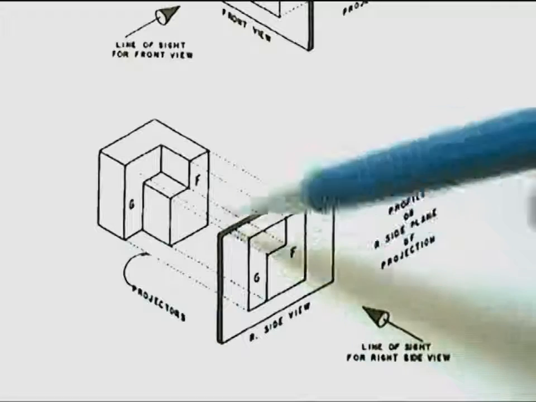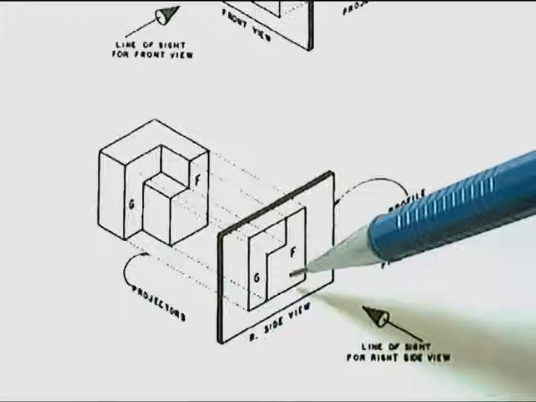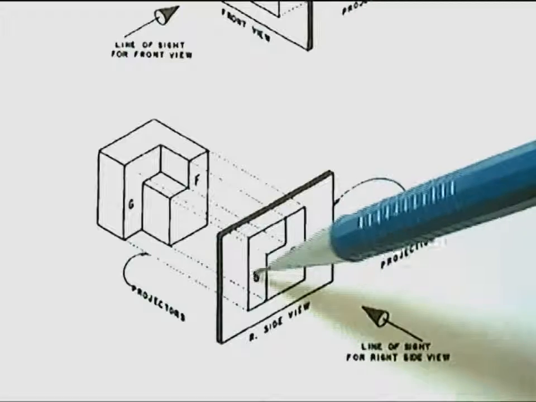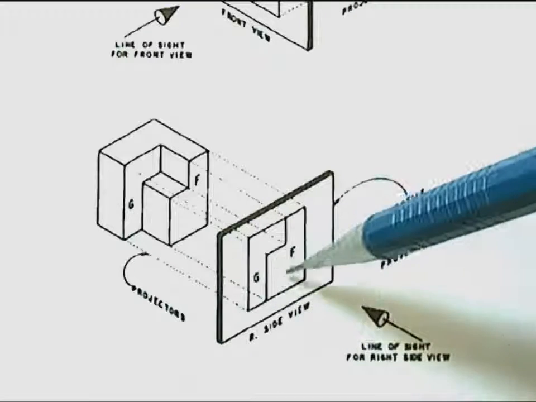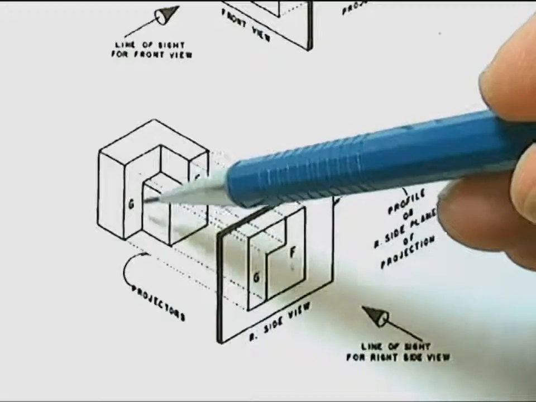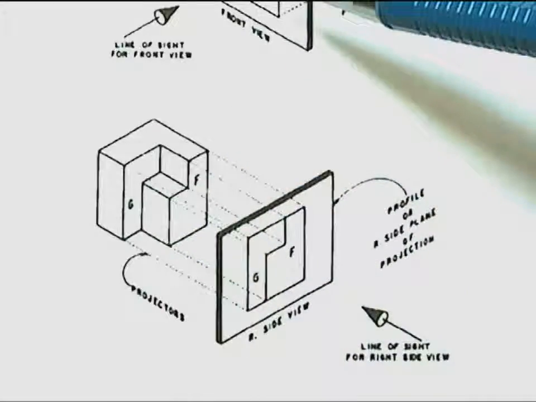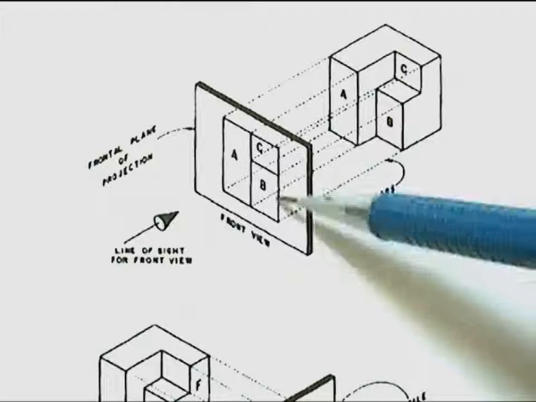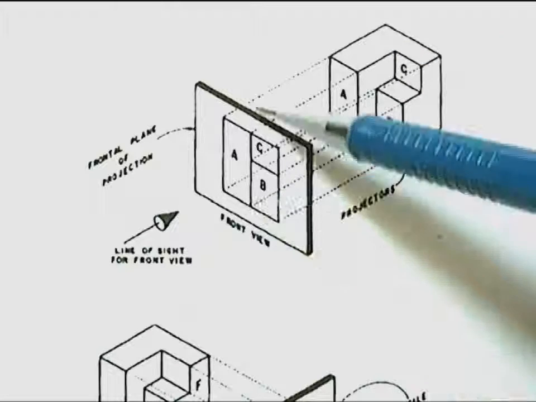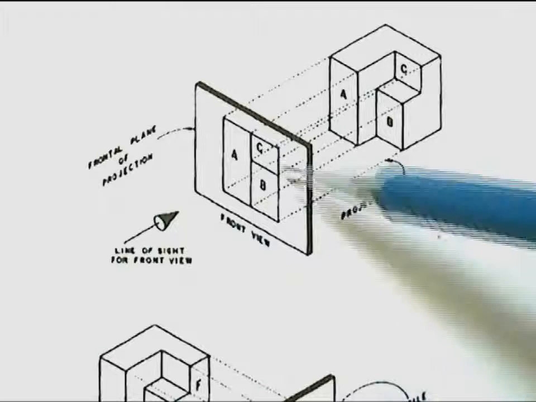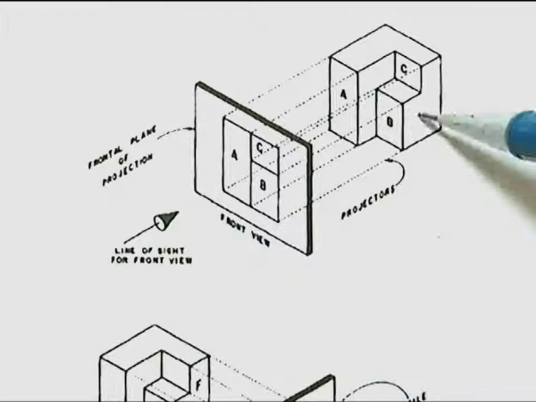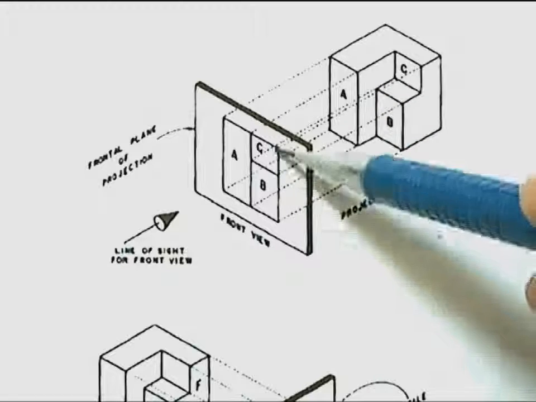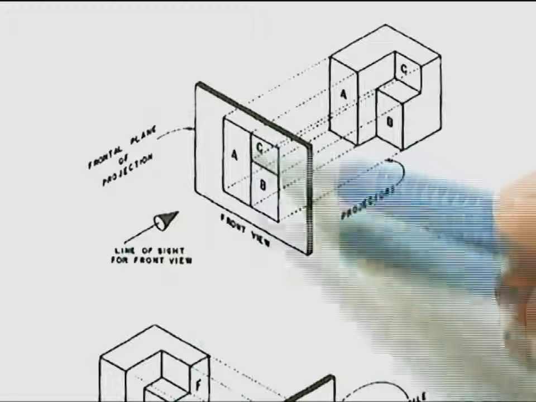And sometimes width is used interchangeably with length. So where are these surfaces positioned in relationship to each other? We can tell that by looking at the front view. The front view shows us where G is and shows us where F is. Okay, here is F and here is G. F and then G.